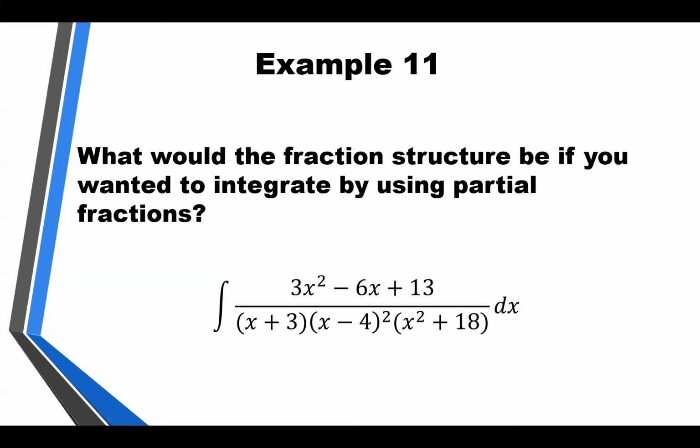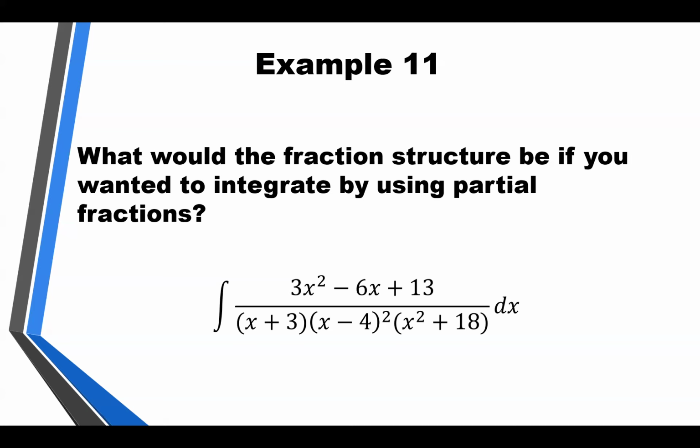Let's do another. Let's say we want to integrate this rational expression, 3x squared minus 6x plus 13, over, in the denominator, we have x plus 3, we have x minus 4, quantity squared, and we have an x squared plus 18.